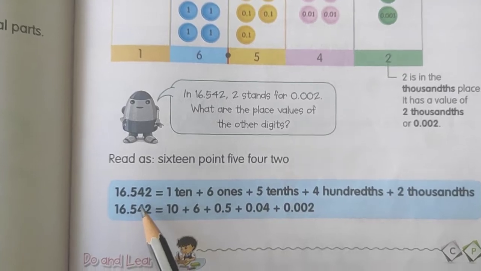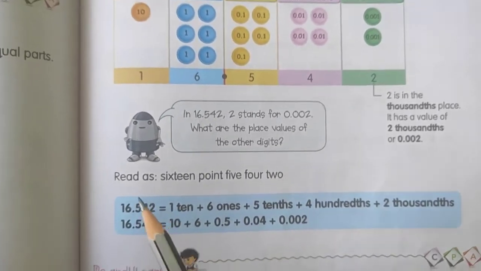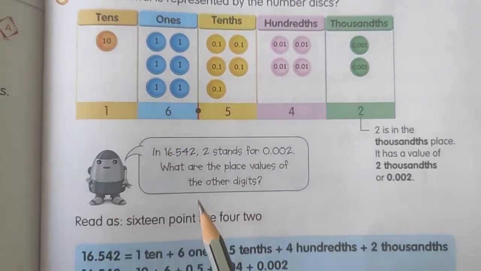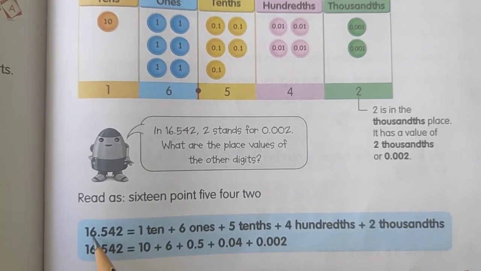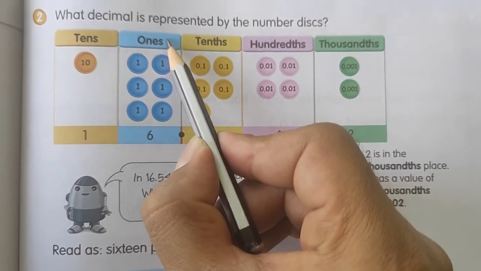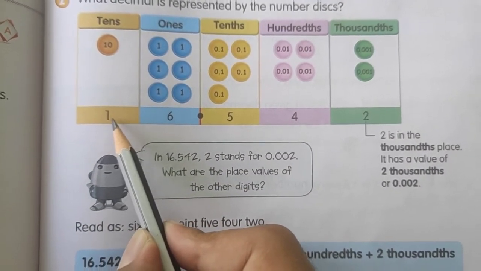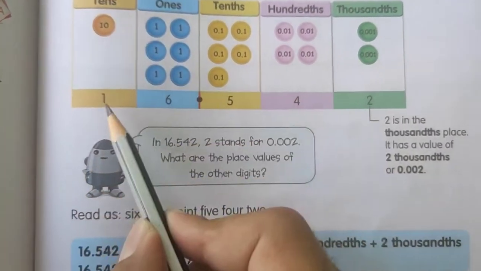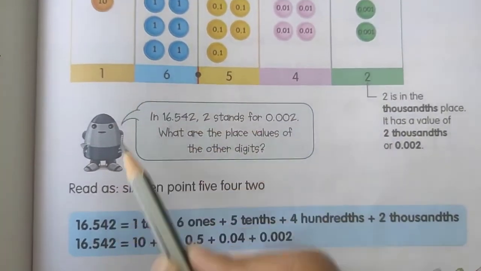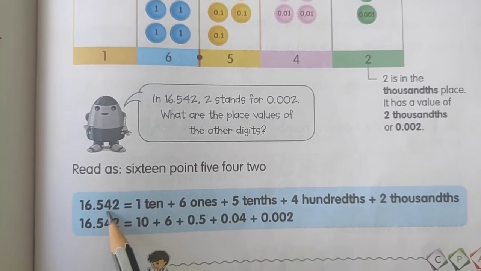See, one number is given, 16.542. Here place names are given. See, this 6 is at the ones place. Then as we move toward the left, we get the tens place, so this one is at the tens place. This is for the left hand side of the decimal. Now the right hand side of the decimal.